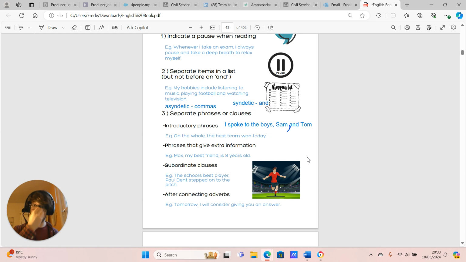Alternatively, you can conjoin two independent clauses together, right, with a coordinating conjunction. We spoke about them, you remember FANBOYS? For instance, Paul Dent stepped onto the pitch, but he got badly injured. Something like that. The things either side of the word but: Paul Dent stepped onto the pitch, independent clause, can work on its own.